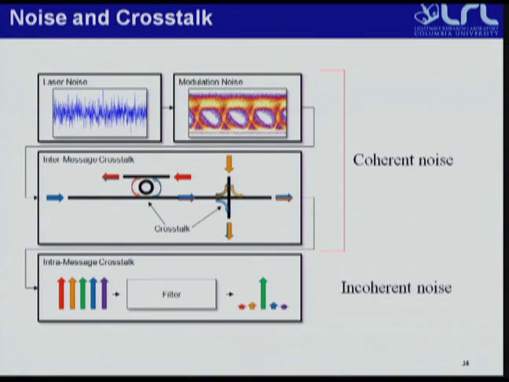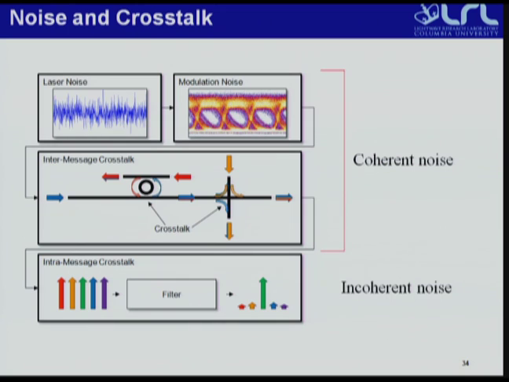Next, we have what's called inter-message crosstalk. If one message is traveling through the network, and another message is passing by a ring switch that's in the off state, or a waveguide crossing, some of that signal is going to leak into our signal. As a message propagates across the network, it's going to accumulate all the inter-message crosstalk from all the different messages that are out there.